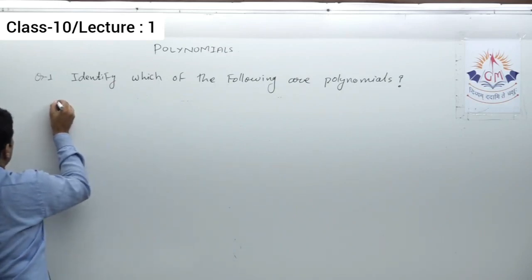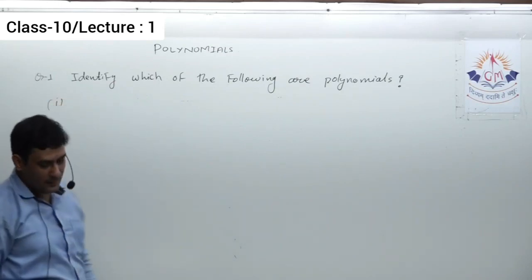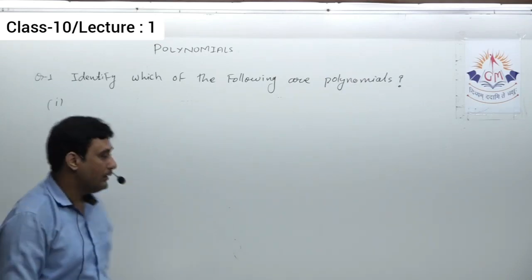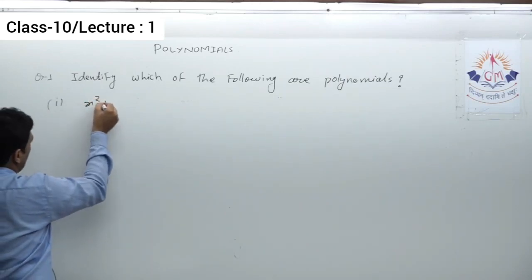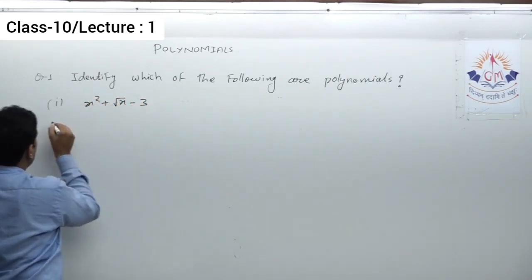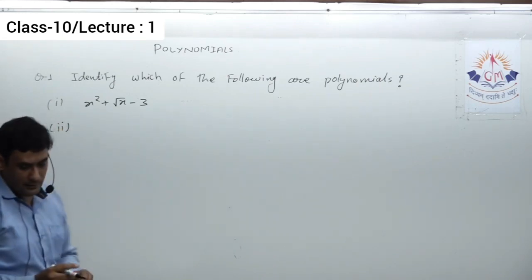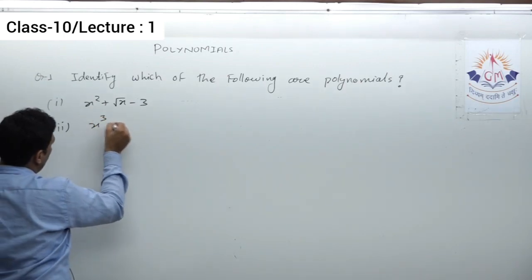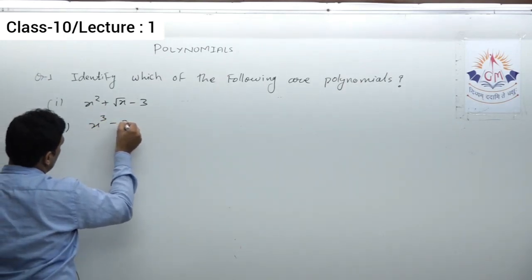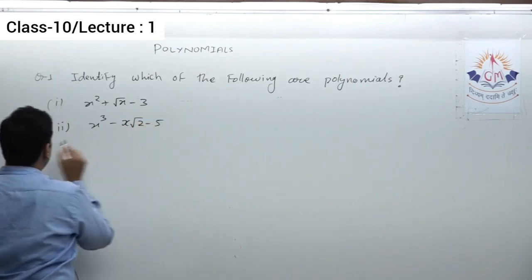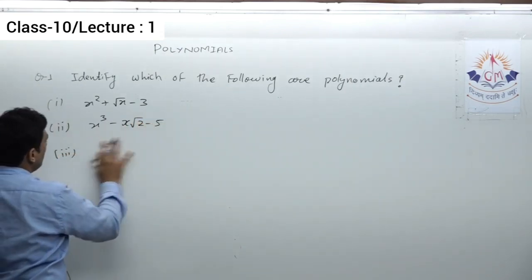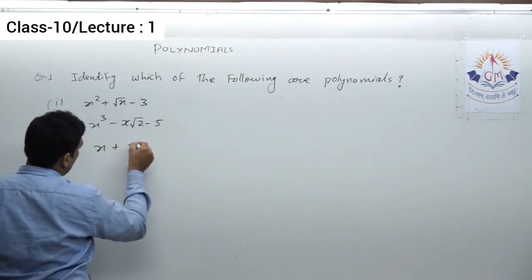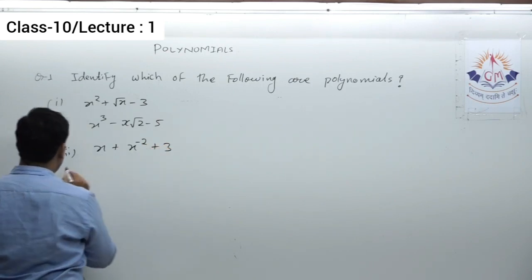In this first one, I will give you some expressions as well as some time. So first one is x square plus root x minus 3. Second one is x cube minus x root 2 minus 5. Third one is x plus x raised to minus 2 plus 3.